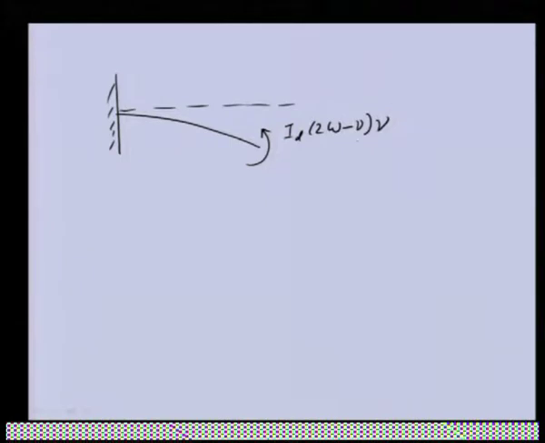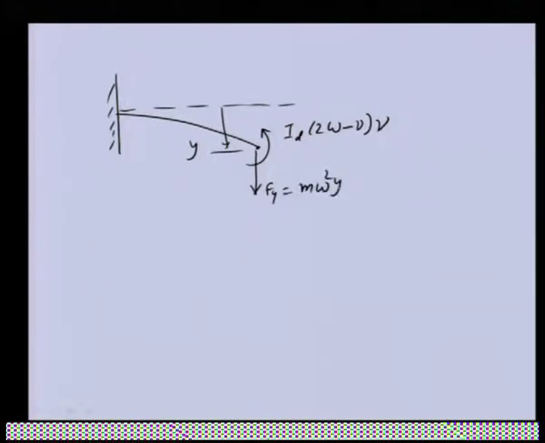So, this is the displacement y, and we have seen earlier, because of the linear motion, we had a net resultant centrifugal force Fy that was acting downward.